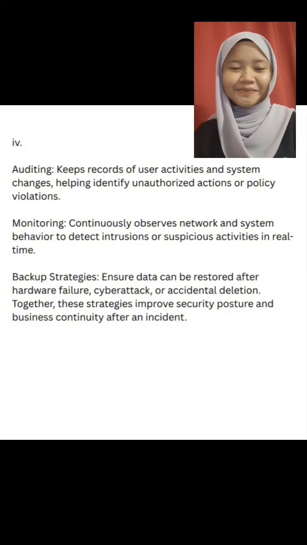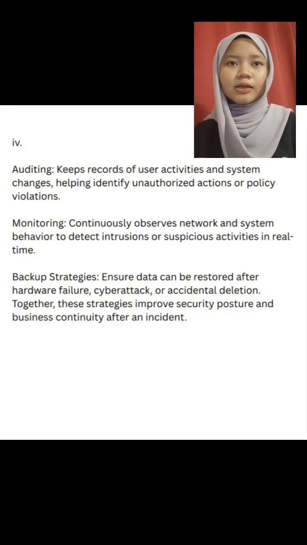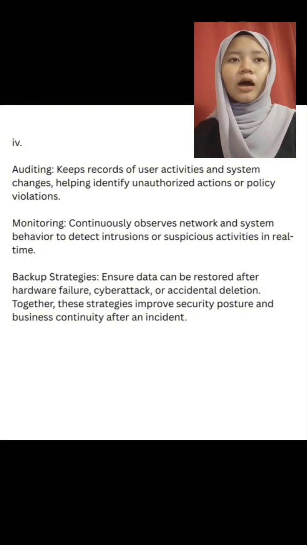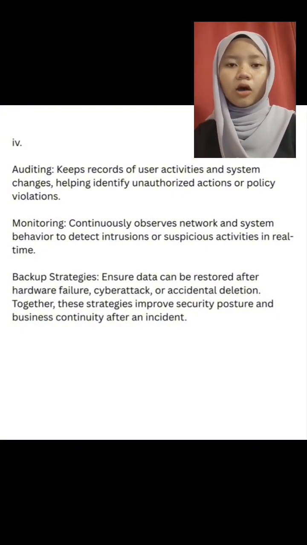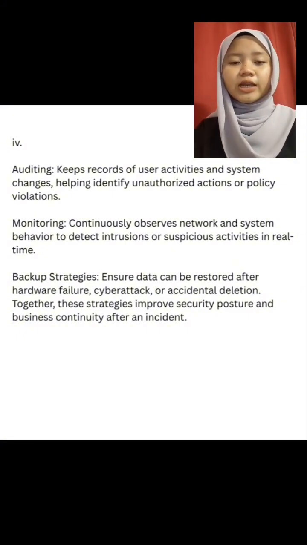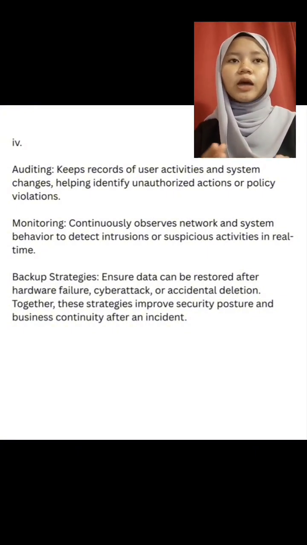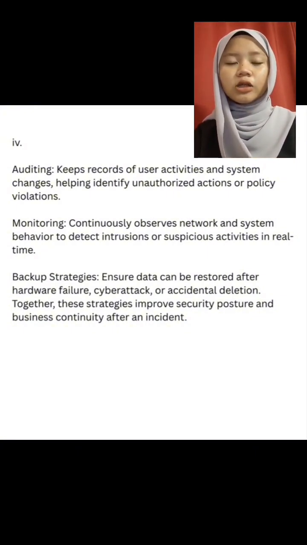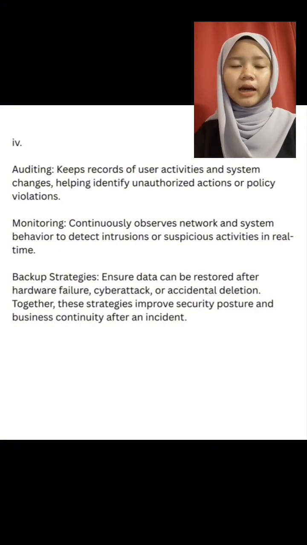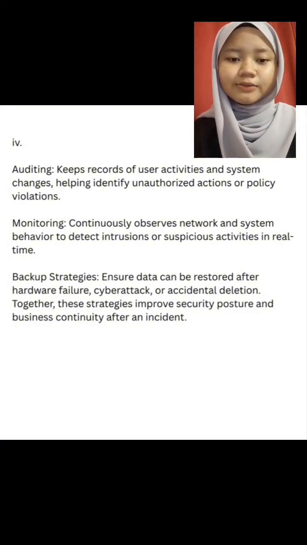Backup strategy ensures data can be restored after hardware failure, cyber attack or accidental deletion. Together, these strategies improve security posture and business continuity after an incident.